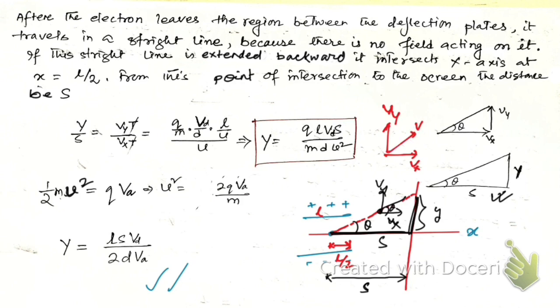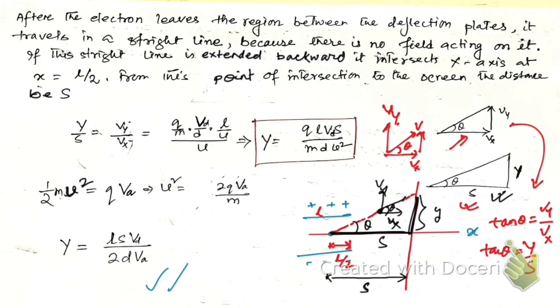This is the vector V, and this is theta. Then this Vy by parallel shifting can be drawn here to obtain this triangle, right? From both triangles we can get tan theta equal to Vy by Vx from this triangle, and from this triangle tan theta is equal to Y by S simply, right?